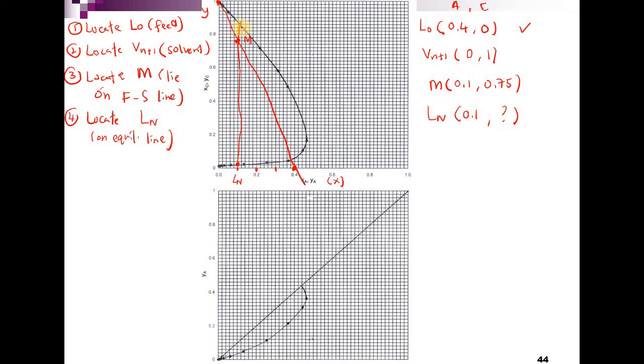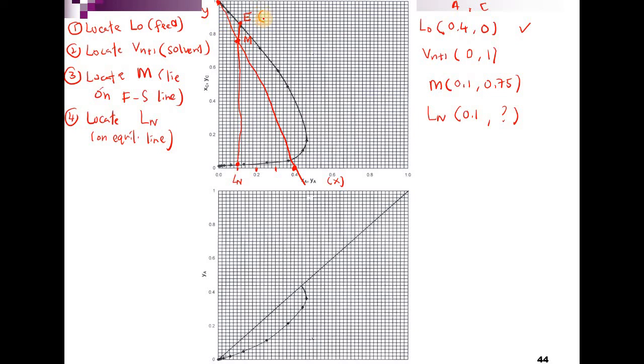So you join Ln with the M. When you join Ln with the M and you extend until you reach the equilibrium line here, this will be your extract component. So you read the coordinate, so this is your extract.